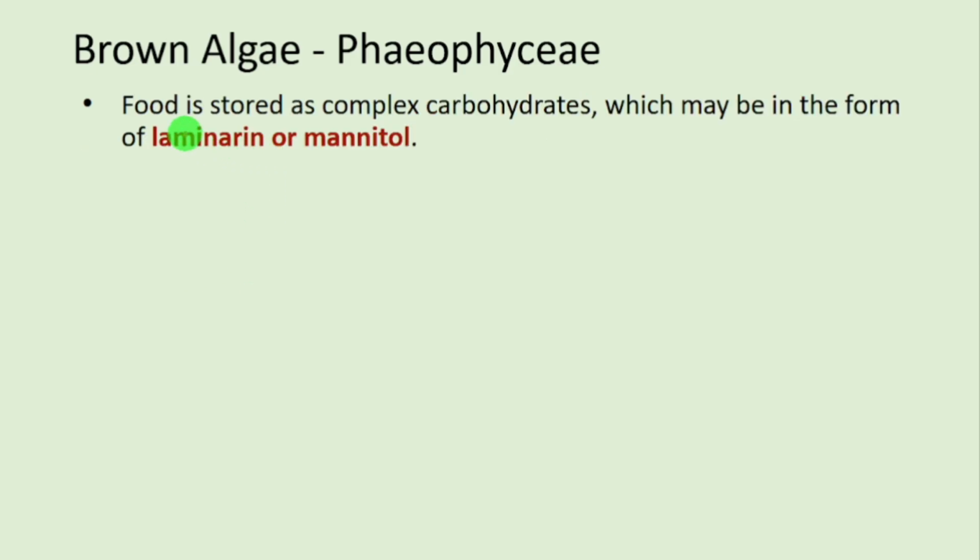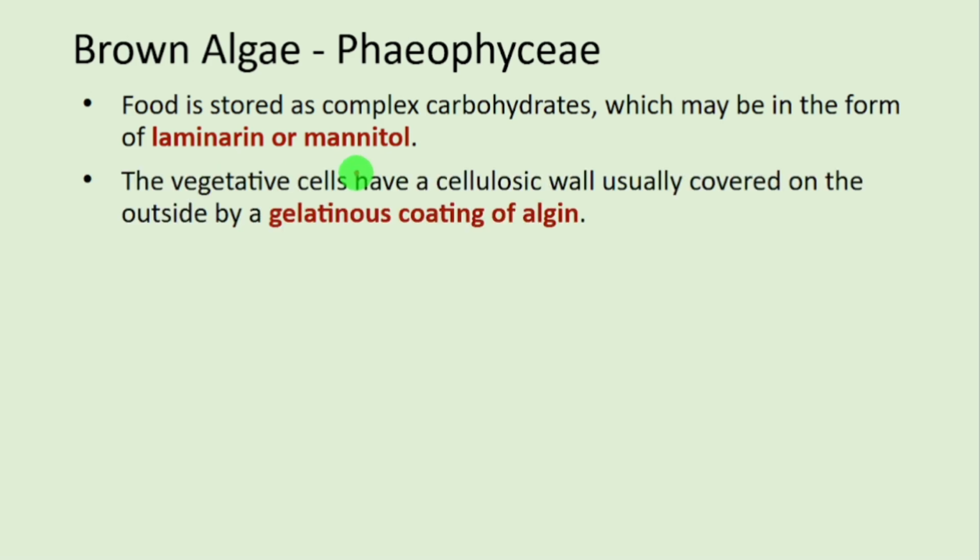The next important point is the food is stored as laminarin or mannitol. Then the cells, in addition to cellulosic wall, it has a covering of gelatinous coating of algin. Very important. So brown algae has algin and red algae has carrageen.